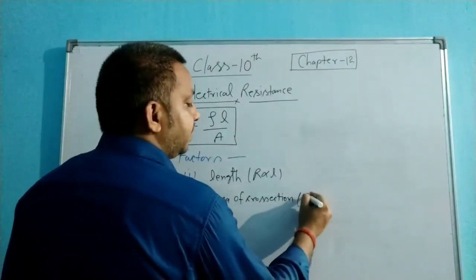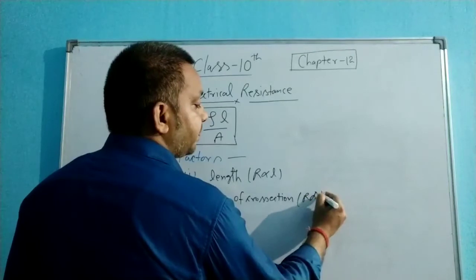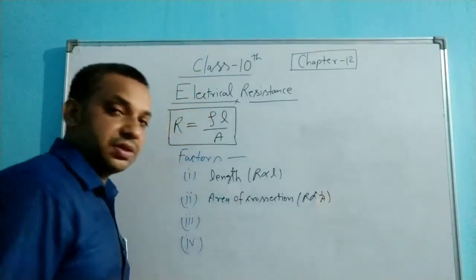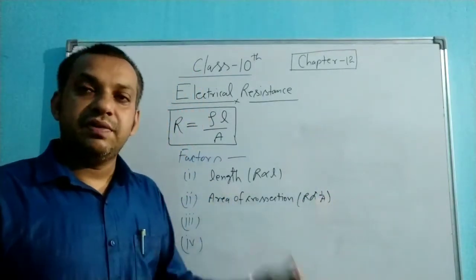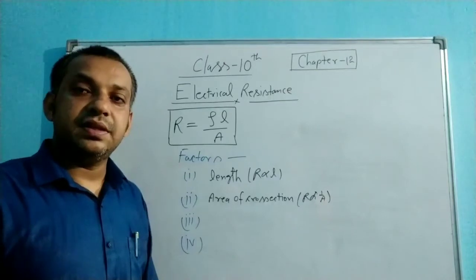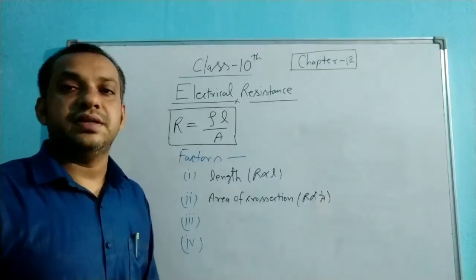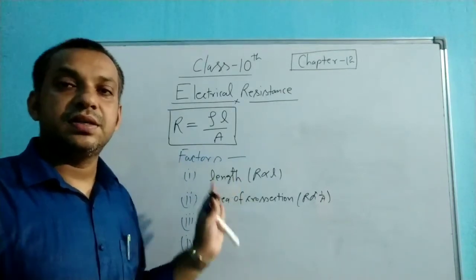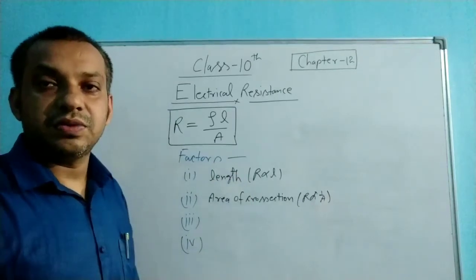It is inversely proportional to the area of cross section. That means if the area of cross section increases, the electrical resistance decreases.